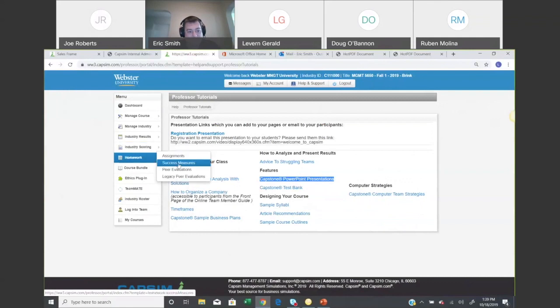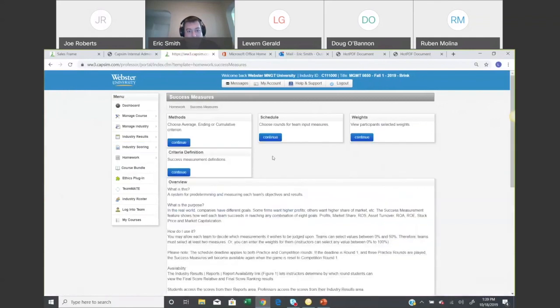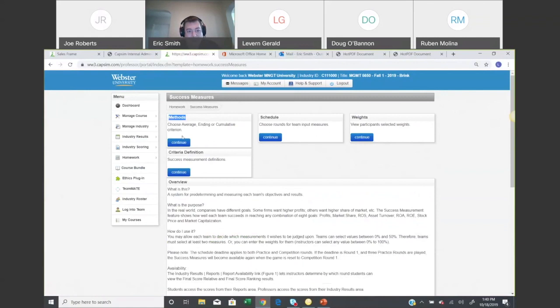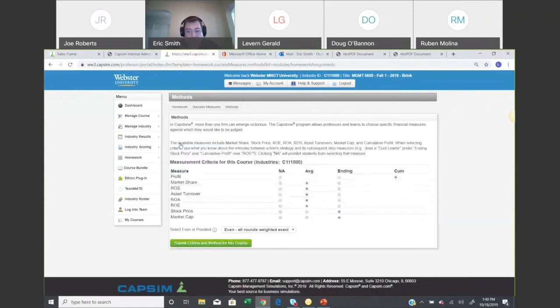Okay. So let me see. Doug, just as a heads up, you can change that. If you go to homework, and then success measures, there's one called methods right here. If you go into methods, you can actually switch stock price over to average if that's your preference.